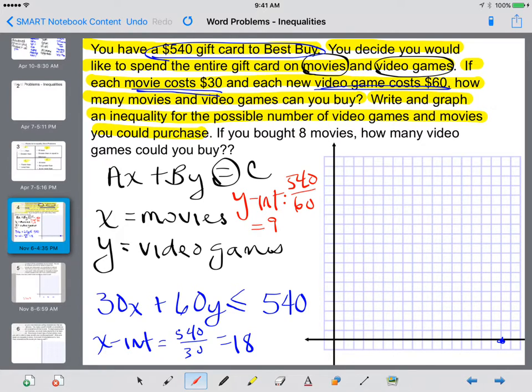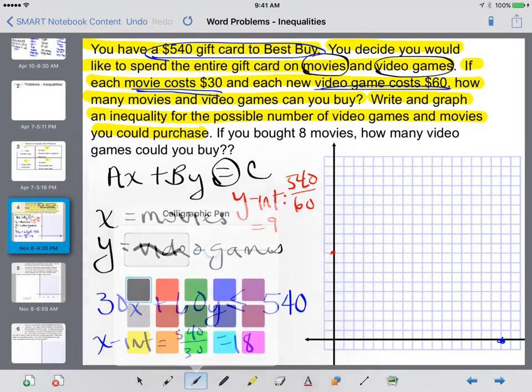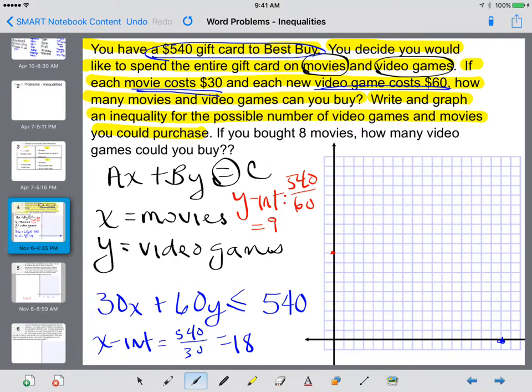So I'll count up to 9. That would be right here. Now the reason we have an L-shaped graph here is because we don't need any negative values. Negative numbers aren't going to exist when we're dealing with money and purchases. So I take my x-intercept, my y-intercept, take a ruler so you can have a little straighter line than that, but we connect them and there's the line of my graph.